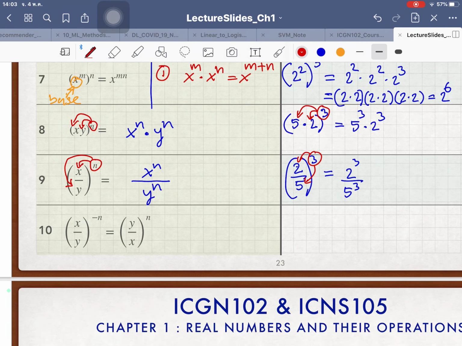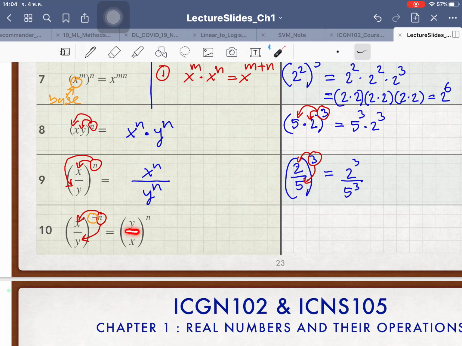The next rule is very similar to the previous rule. You can give the power of n to every term inside these parentheses. But here you also have the term of minus 1. Whenever you have the power of minus 1, it means that you need to get the reciprocal. You need to flip upside down. So here, if you start from x divided by y, you need to get the reciprocal, so the term will be flipped upside down.